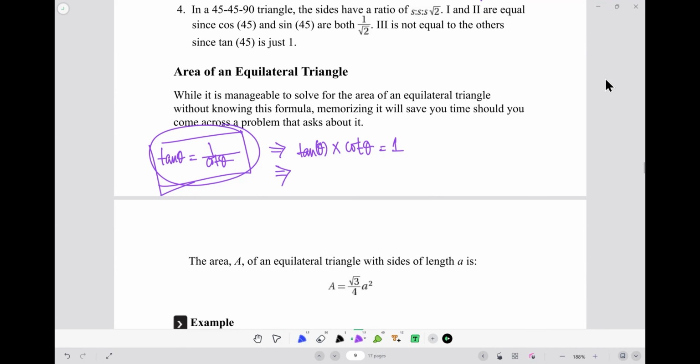Now if you divide both sides by tan theta, then tan theta cross cot theta divided by tan theta equals 1 divided by tan theta. The tan theta cancels, and cot theta remains single here: cot theta equals 1 by tan theta.